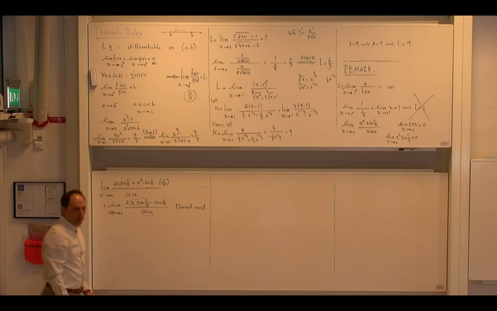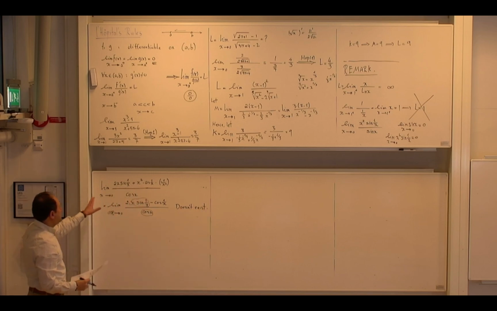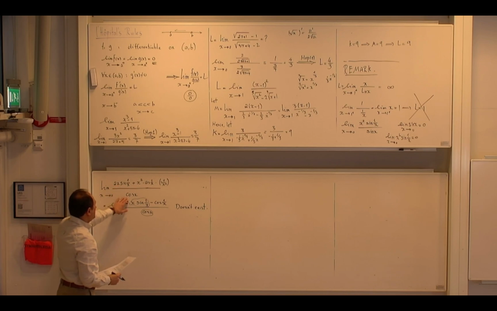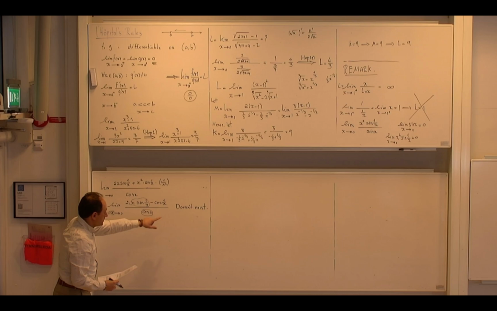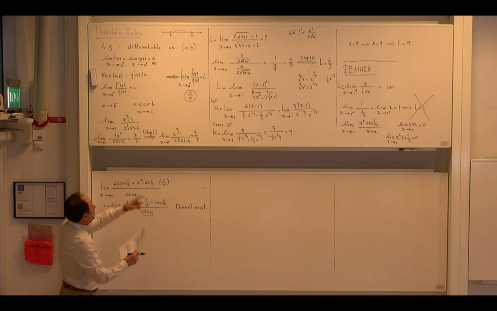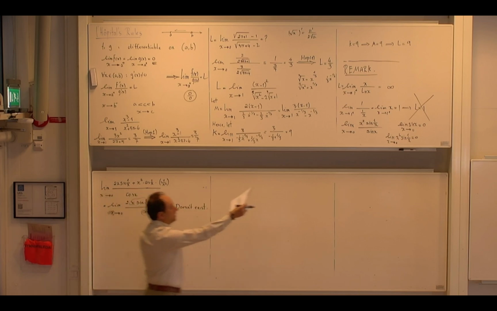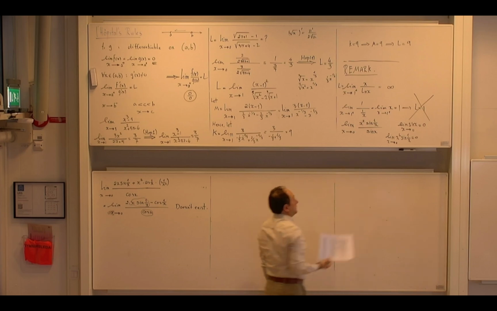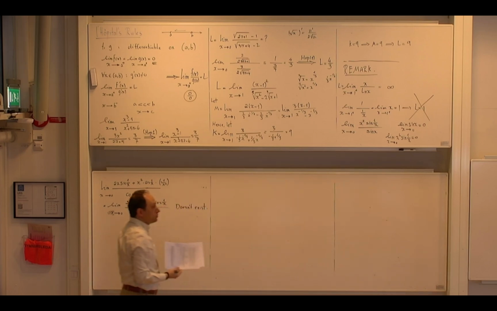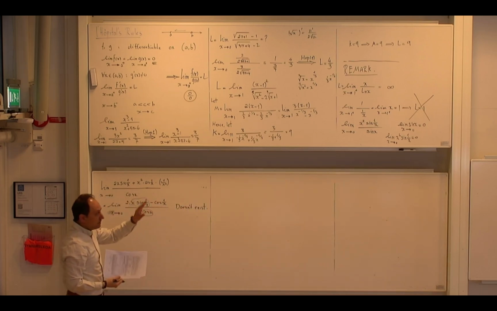Okay? So you see, the limit of f prime over g prime does not exist. So don't go backward and conclude that, okay, then the original limit does not exist as well. Because that is not true. The original limit indeed exists.